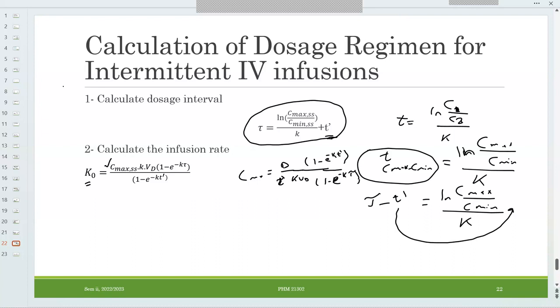So the same equation, you bring this one to the other side. Then it will be equal to Cmax multiplied by the denominator divided by the numerator. Okay, so you will get this form.